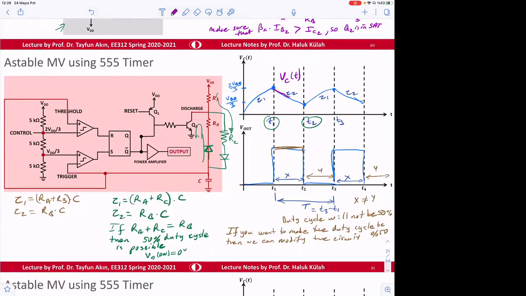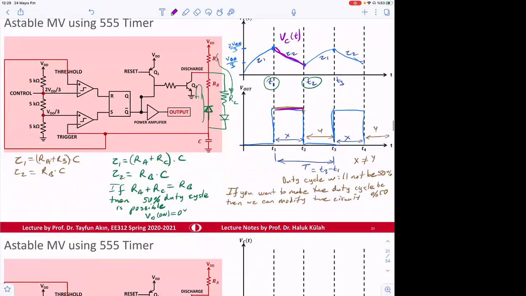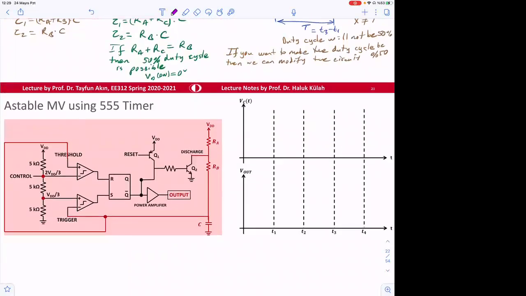So during that period we make it this color, and this is what we are trying to find. What is happening here? This is initially 2 VDD divided by 3, and this is VDD divided by 3. And the final capacitor value, VC infinity, is equal to 0 volts.